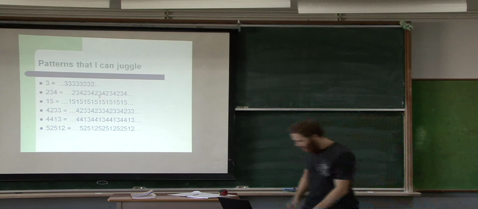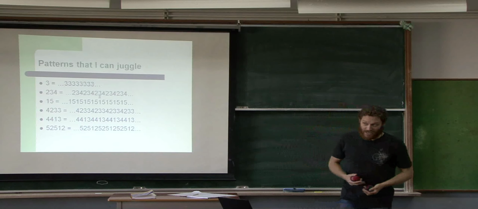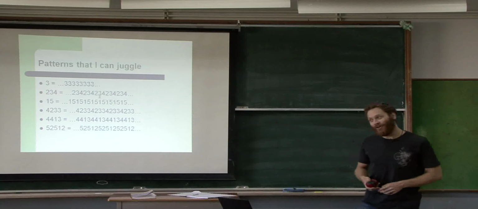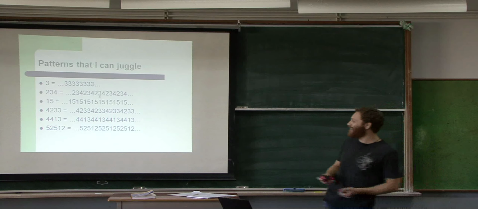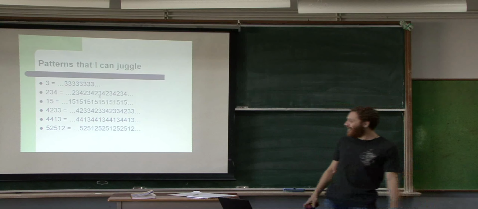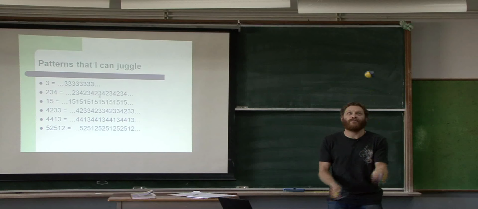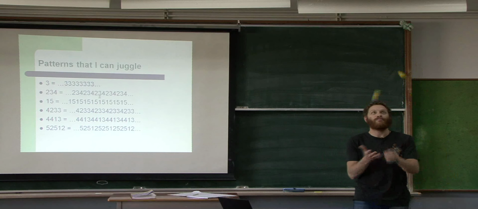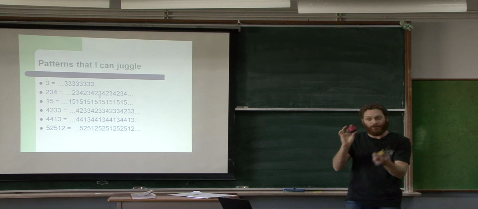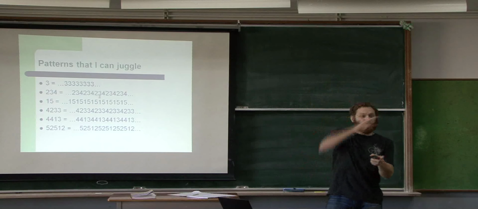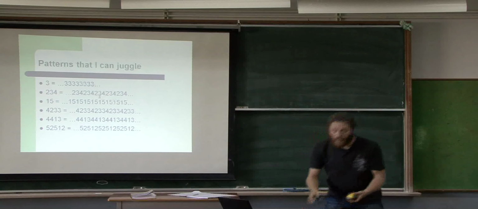5, 2, 5, 1, 2. Someone has called this juggling the baby. Juggling the baby. It looks like this. It doesn't look that impressive actually, but you can see there's just this one ball being passed back and forth like this with some 5s, some high throws.